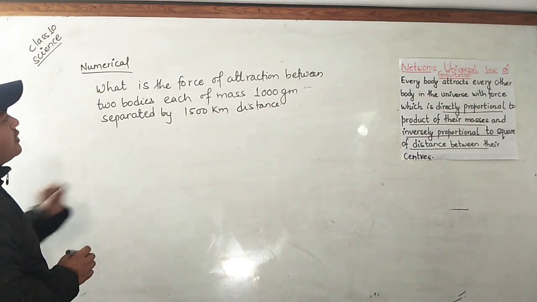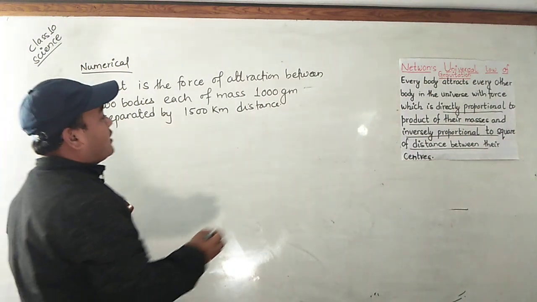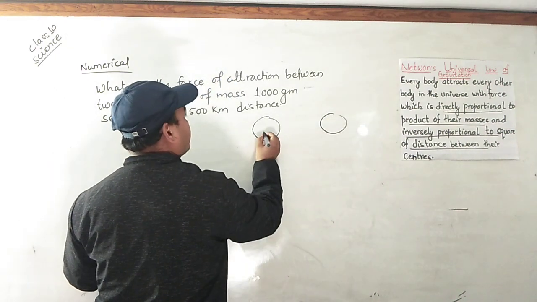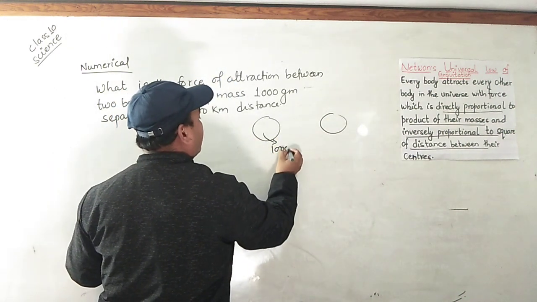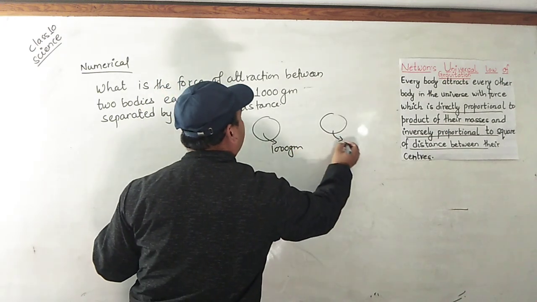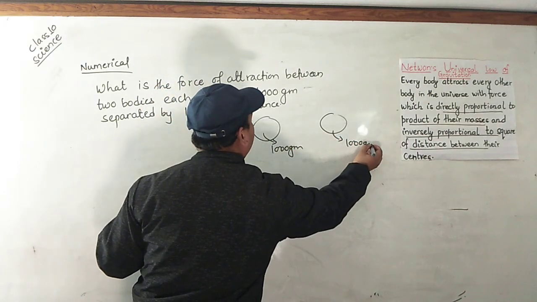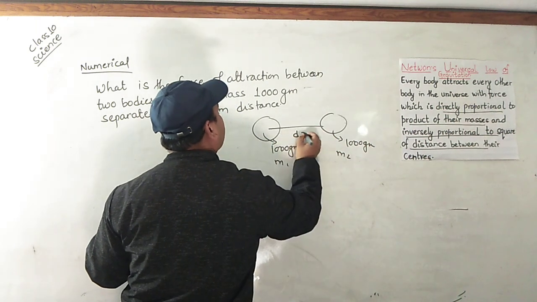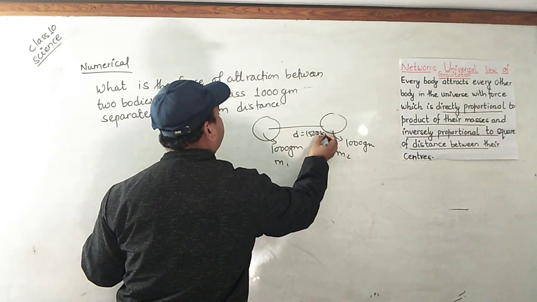Okay, now for solving this problem, here we are given the two masses. These are equal masses. This is also 1000 gram. This is also 1000 gram. This is M1, M2, and the distance between them is 1500 kilometer.